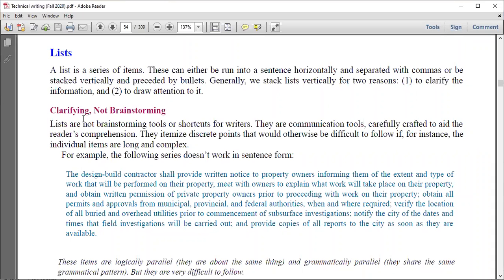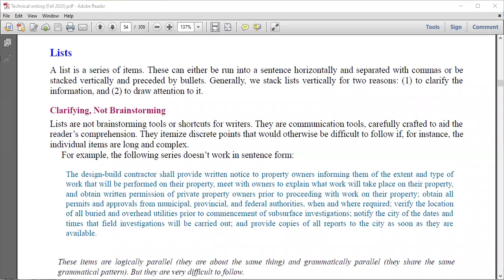They itemize discrete points that would otherwise be difficult to follow if, for instance, the individual items are long and complex. Now, over here, they're telling you what lists are for.